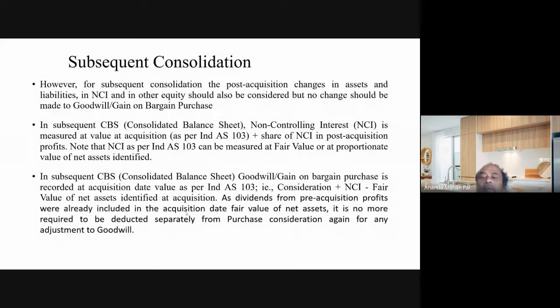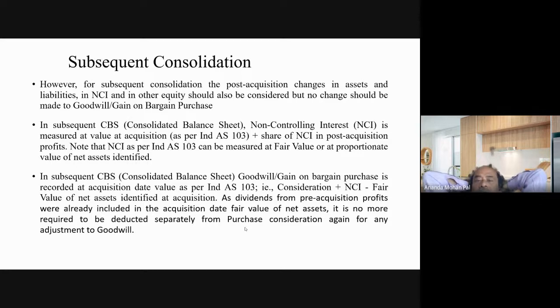Now, one point on dividend, because I won't have time to discuss the dividend treatment thoroughly here. Dividends from pre-acquisition profits were already included in the acquisition date fair value of net assets.